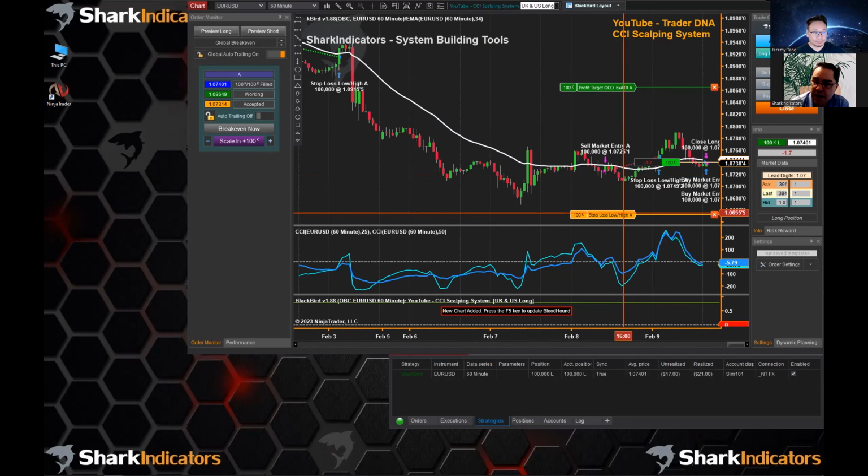And then when you feel like the market is moving in your direction, then whenever you want, you can turn the auto trailing back on right there with this extra informational panel. We call it the order monitor panel. And like the name implies, this is where you can monitor the state and the status of your various orders there.